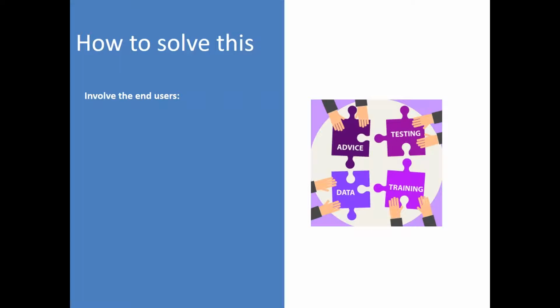So how can we solve this? We need to involve the end users with testing. We involve them with training. We need to provide some guidance and business process inputs. You should run some workshops involving the end users and showing them what the changes will be, and then they can come up with some inputs, which you will take on board and implement.